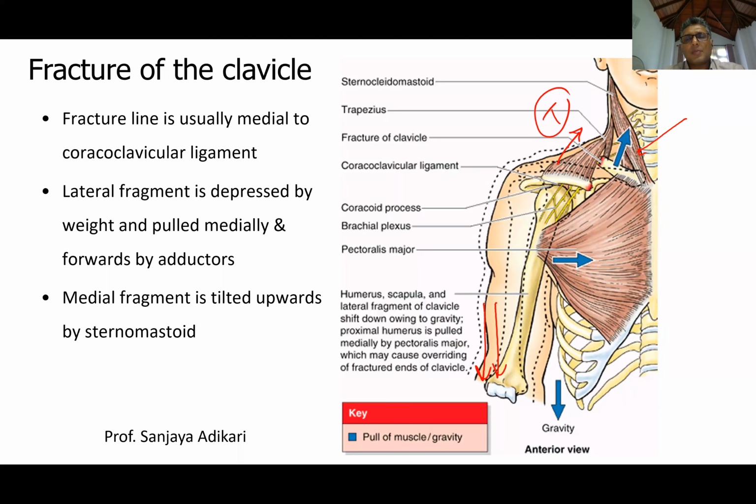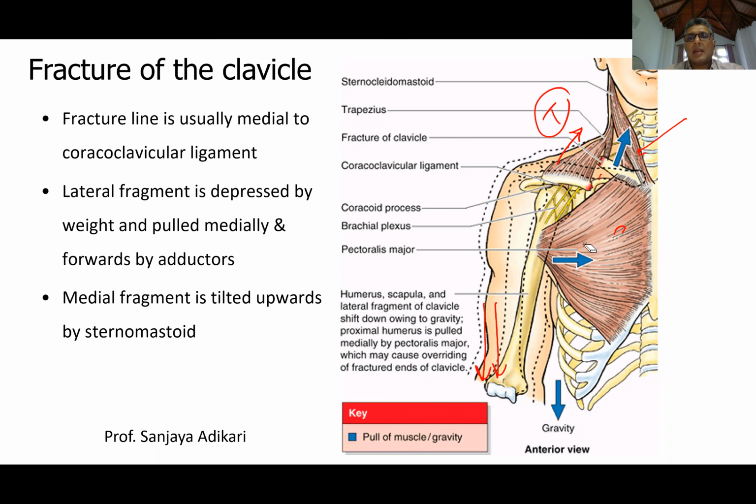It drops also because of strong adductors like the pectoralis major and latissimus dorsi on the other side. The lateral fragment with the limb is pulled in, ultimately resulting in overlapping of the two fractured ends and shortening of the bone.